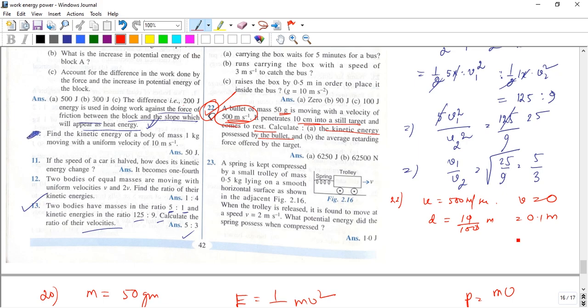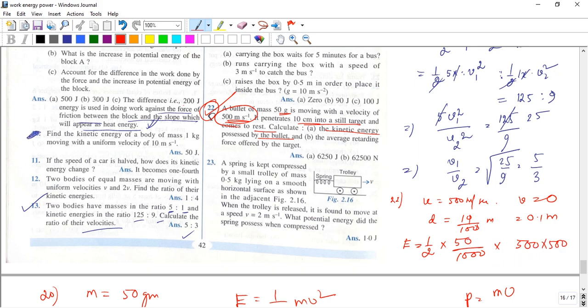And what is the kinetic energy possessed by the bullet? So kinetic energy means half mv square. Half m means 50 over 1000, velocity means 500 into 500.